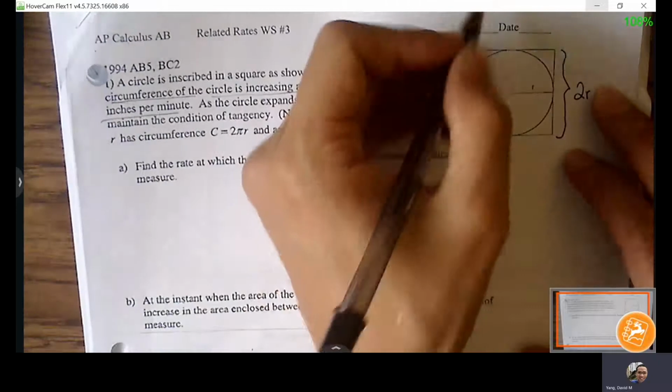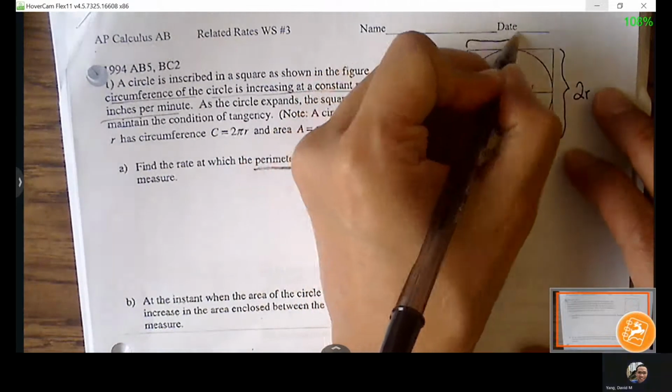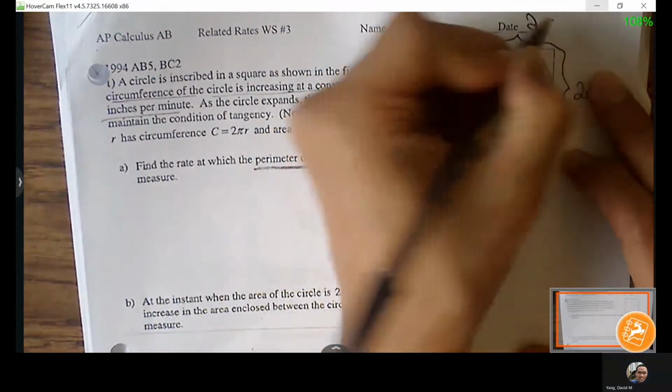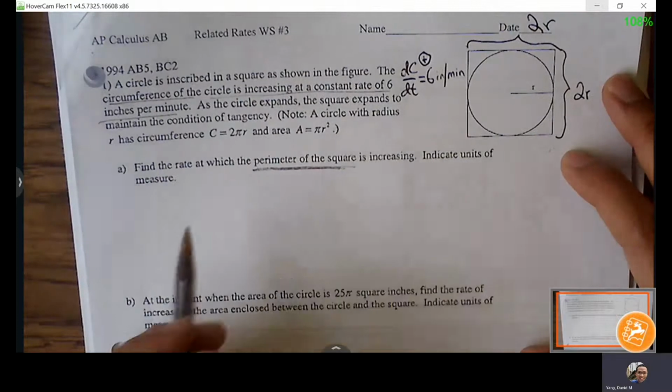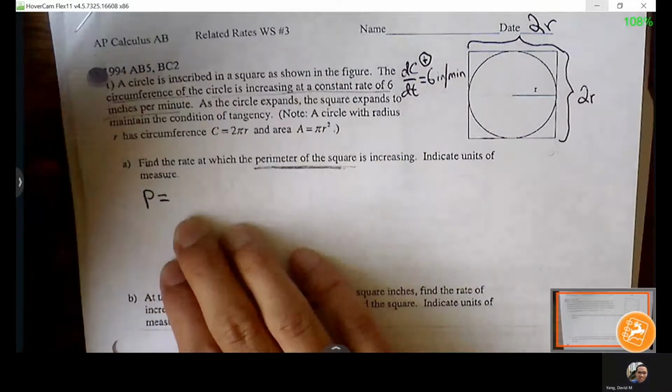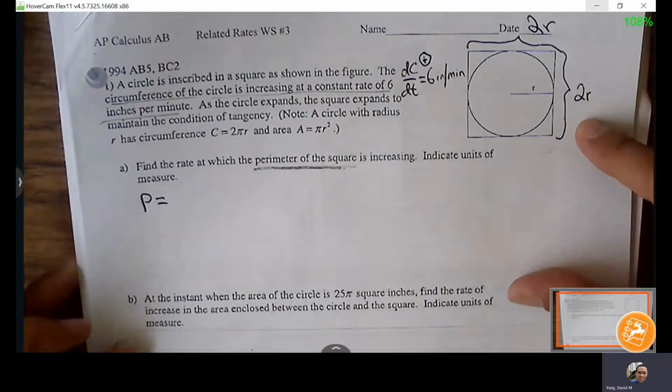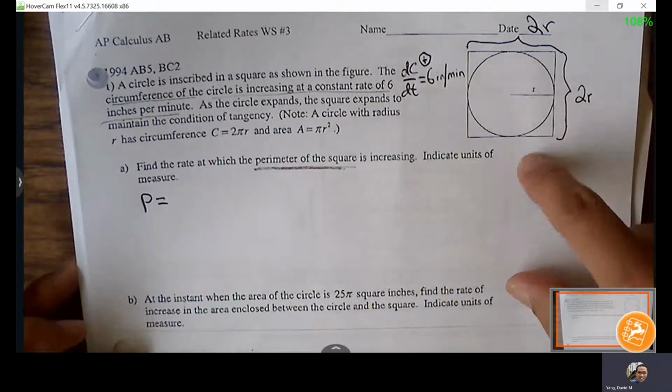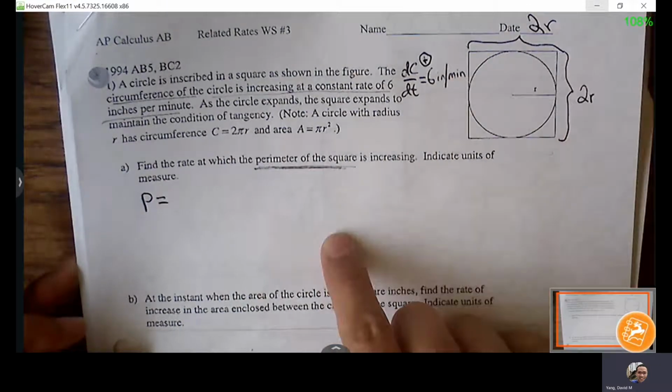So we know each of the sides is going to be 2r. What do you think the perimeter of the square would be? 8r, right? Add up all four sides, 2r each side.